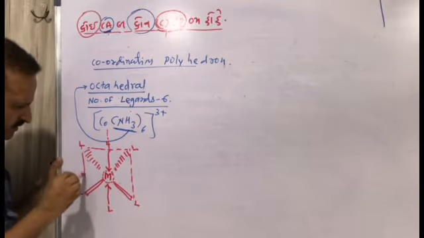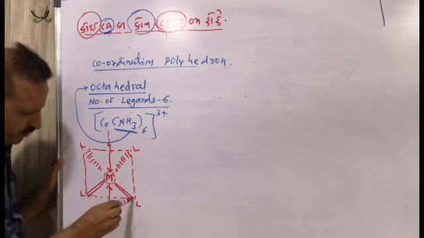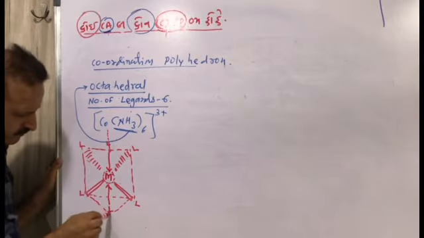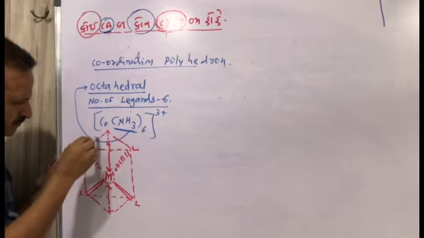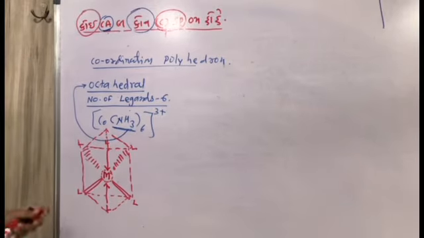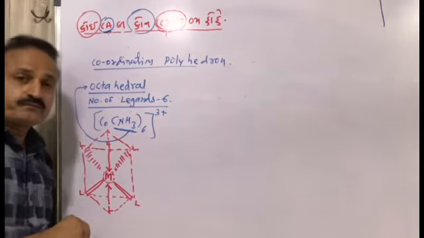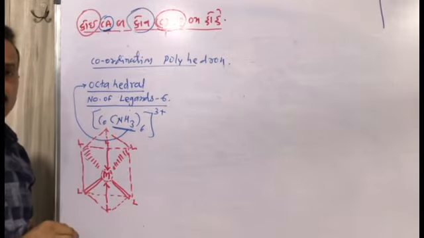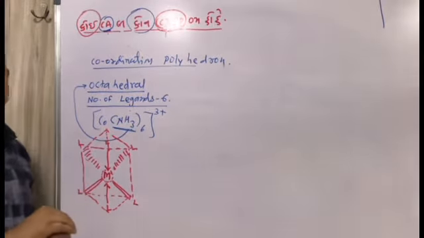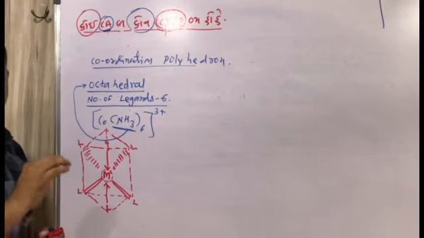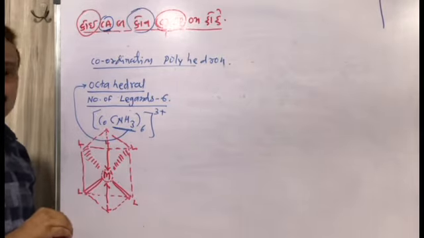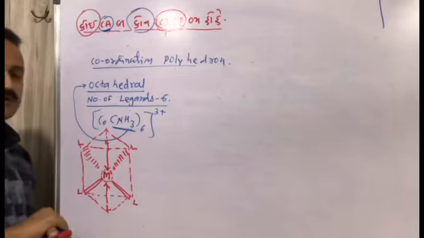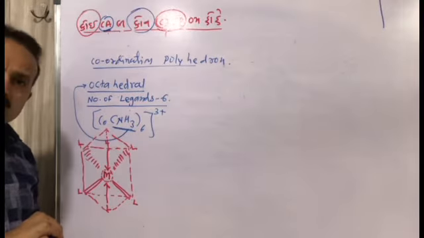You can clearly see that this is the shape of octahedral. So a total of 6 ligands attached to the central atom give the geometrical design that is called octahedral.